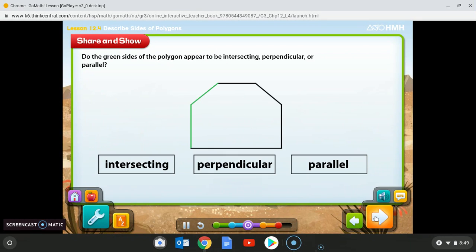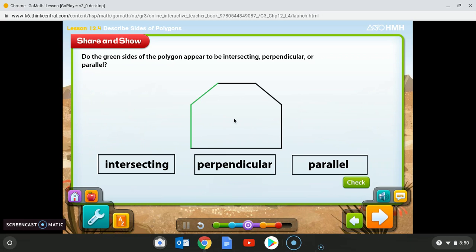Okay, so let's talk about another option. Let's look at the green sides of the polygon. Do they appear to be intersecting, perpendicular, or parallel? Intersecting means they're going to cross to make an angle. Parallel means they're never going to cross. And perpendicular means they're going to make an angle that is only a right angle.